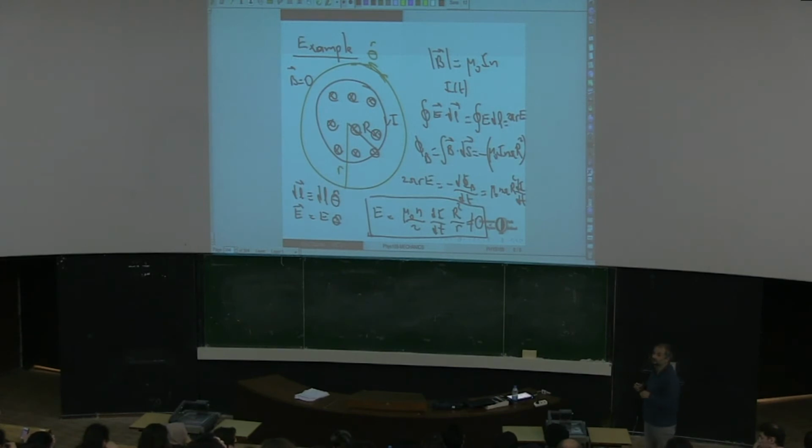Which electrons? You see, if it was for the electrons, the electric field line would start from the electrons and go to infinity or terminate at some positive charges. But this electric field doesn't start anywhere. The electric field is both inside and outside.